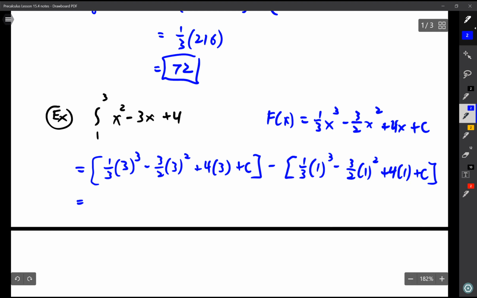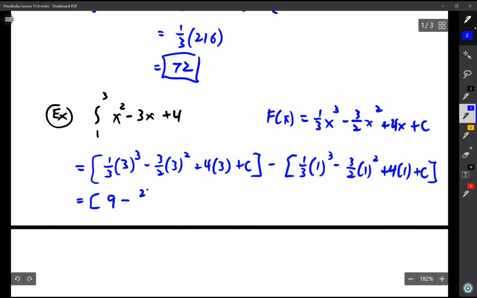And what do we get? 1/3 of 3 cubed, that's the same thing as 3 squared, so that is going to give us 9 minus 27/2 plus 12. The plus c minus c cancels. That'll happen every time. Minus 1/3 plus, because it's minus a negative, 3/2 plus 4.